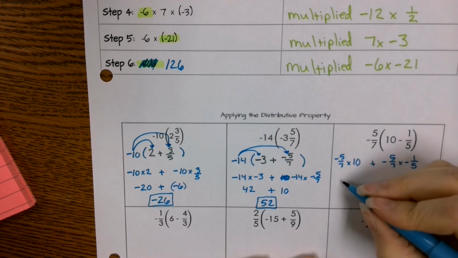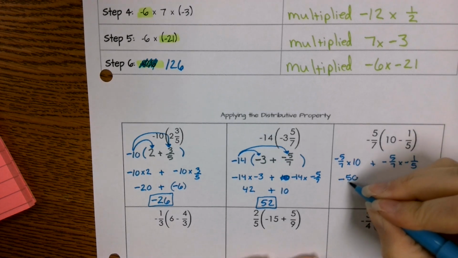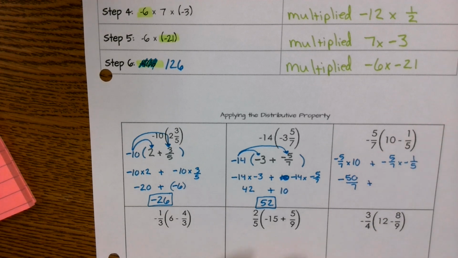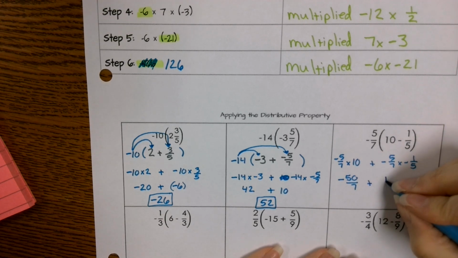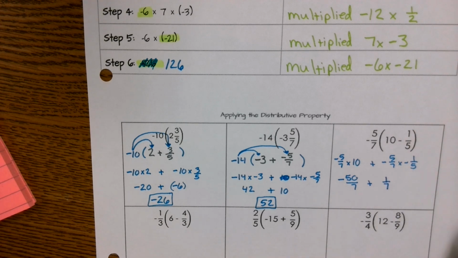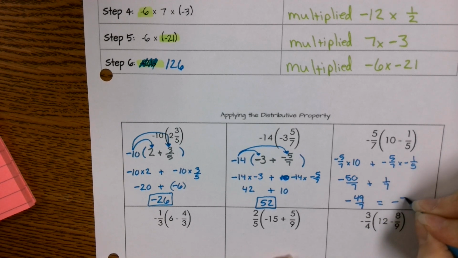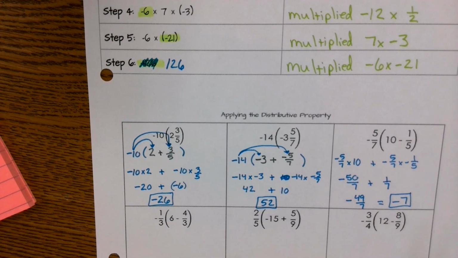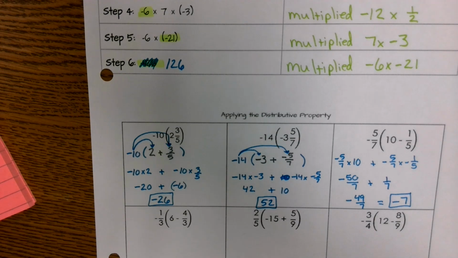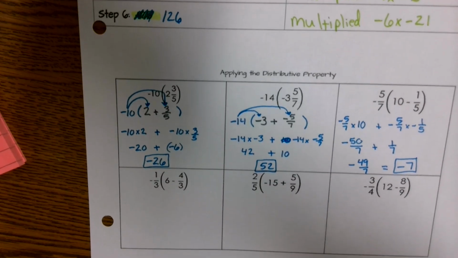So we're going to leave it in fraction form. This is going to stay negative 50 over 7. Plus, when we multiply here, we're going to get a positive 1 over 7. When we combine these together, that's going to equal negative 49 over 7, which simplifies to just negative 7. So you should have gotten negative 7 as your answer.